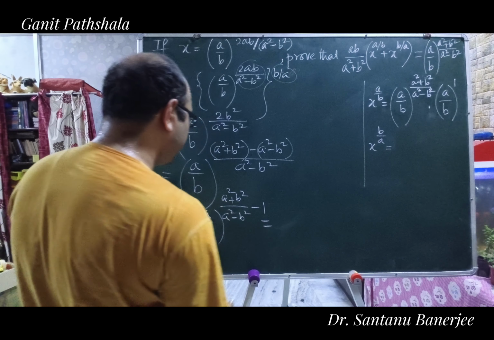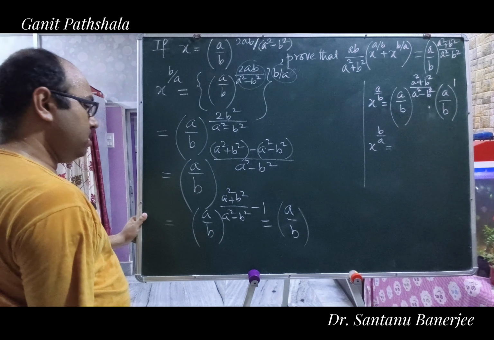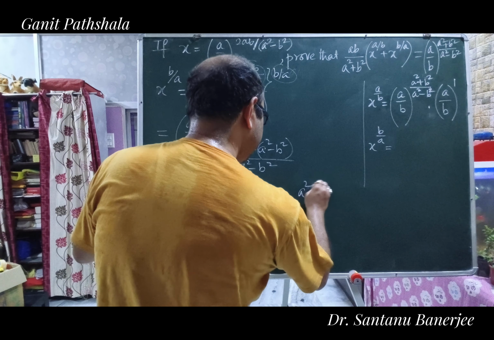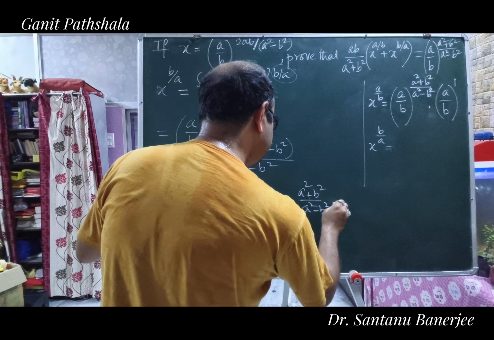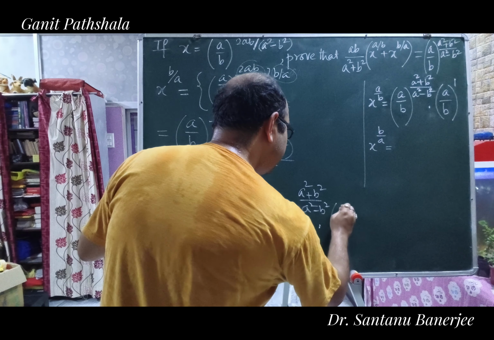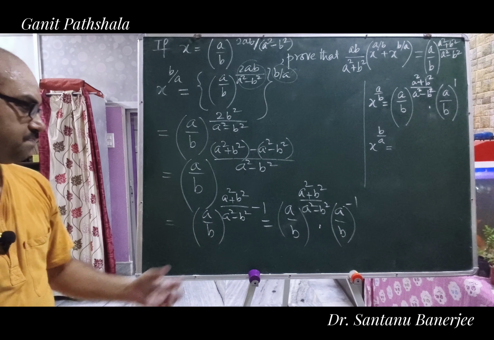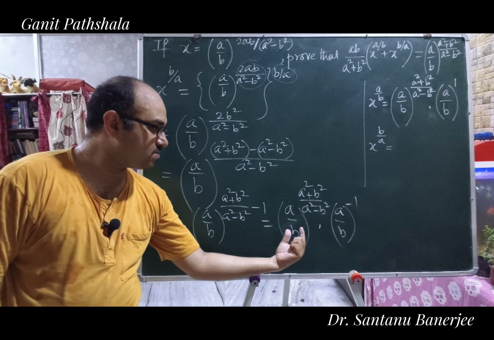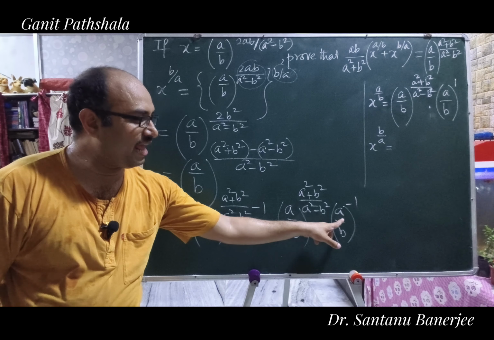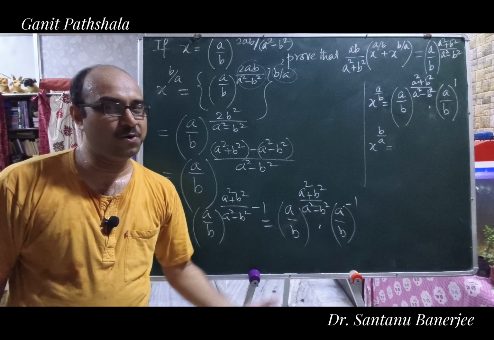you can write this one equal to a by b whole to the power a square plus b square by a square minus b square into a by b whole to the power minus 1. You can just disintegrate these two. Now a by b whole to the power minus 1 is the same as b by a whole to the power 1.